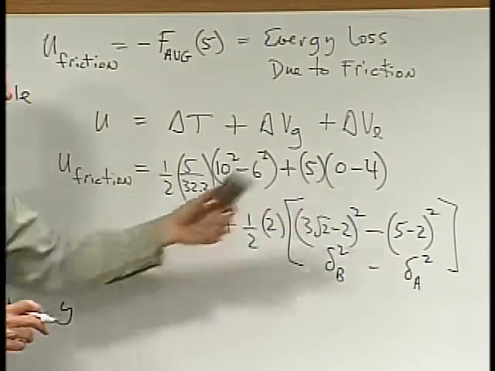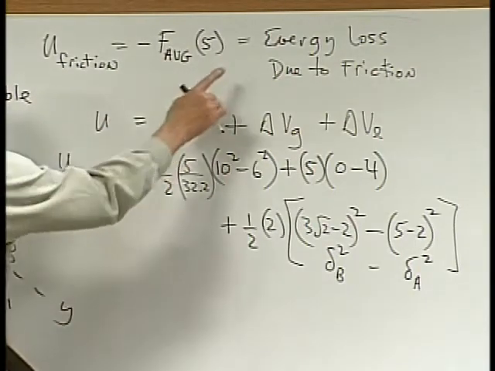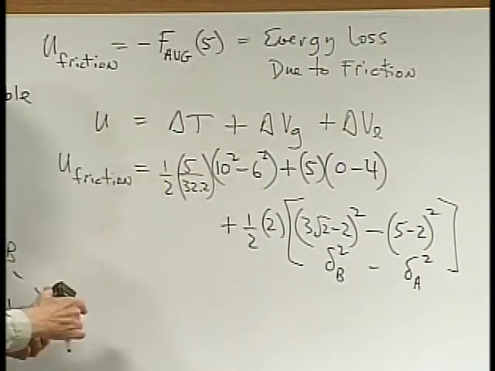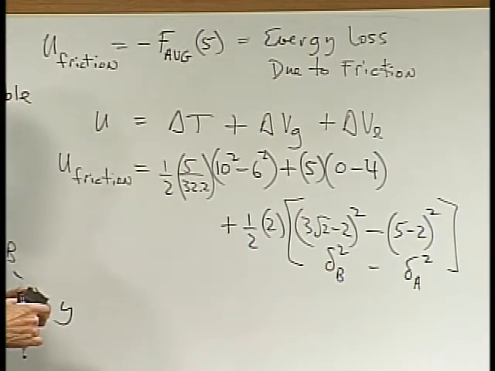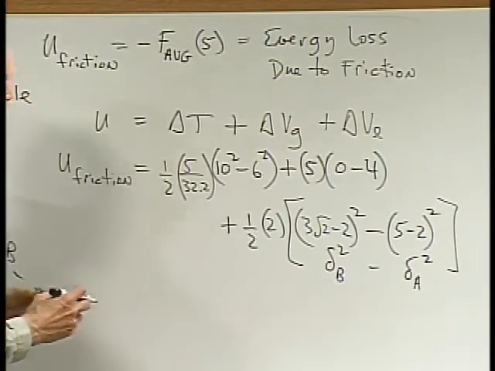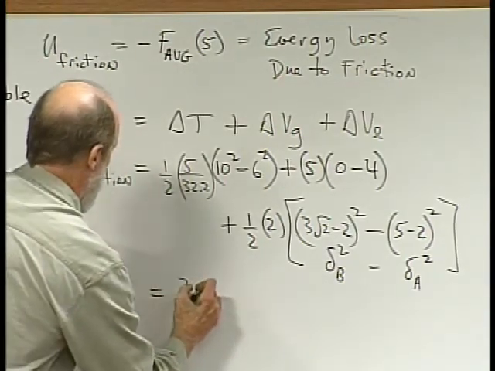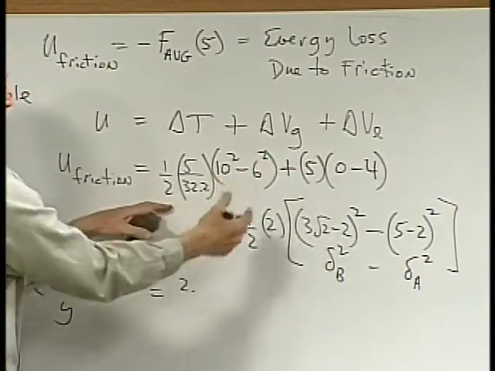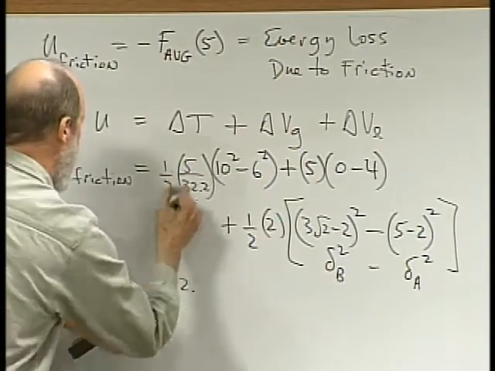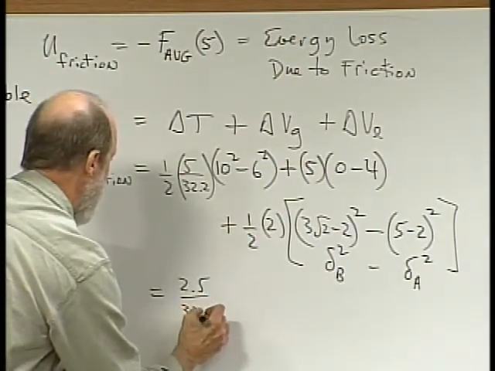Everything on the right side here is numeric, so we can pop that value out, and that's going to be the energy loss due to friction. If somebody would punch that up, that might be handy. Typically, I don't start punching right here. I usually do a little bit of cleaning up, so I can see 2 into 5 is 2.5 over my 32.2.